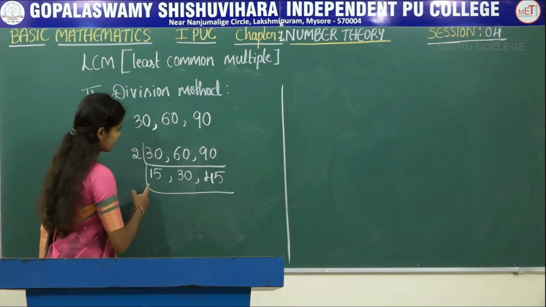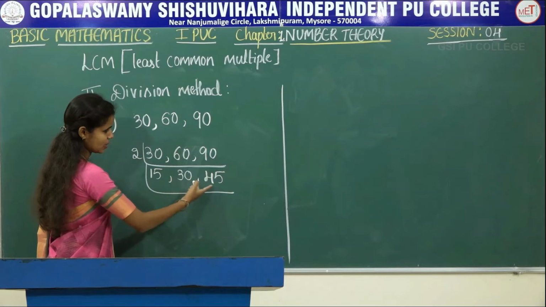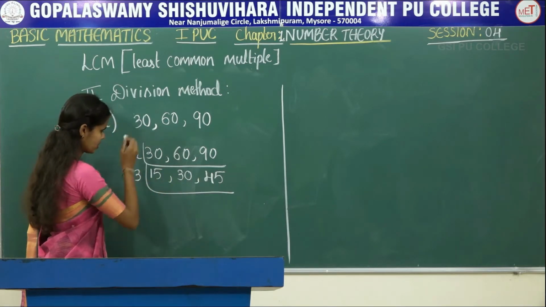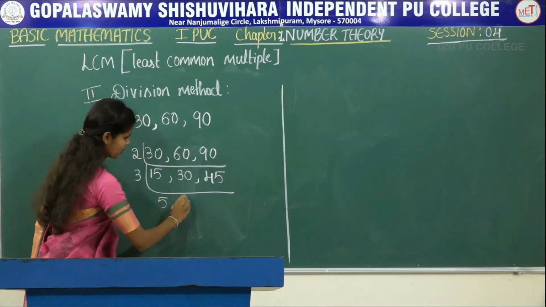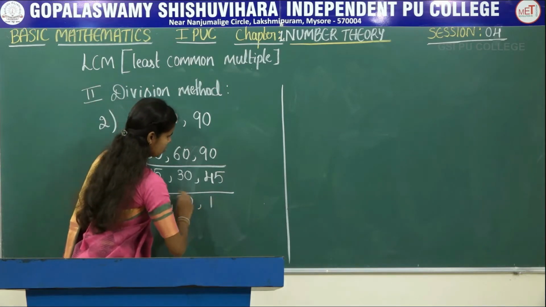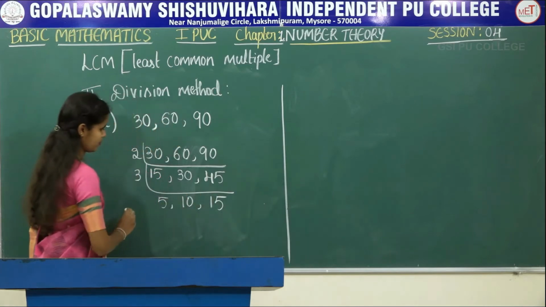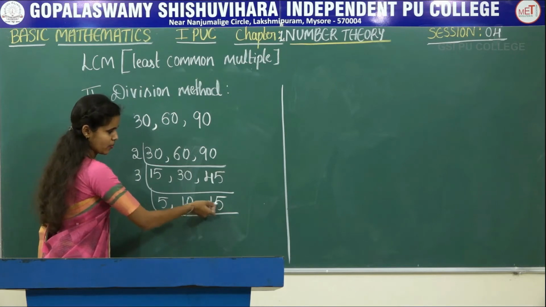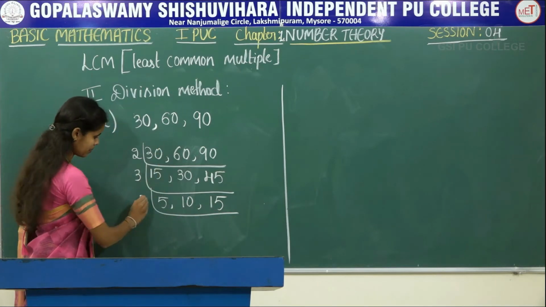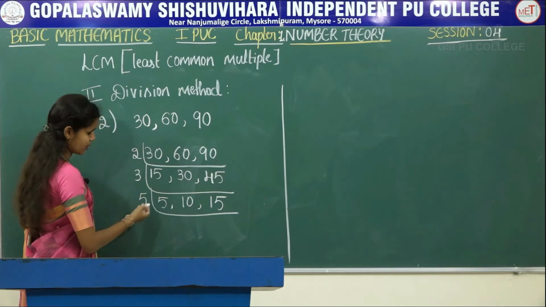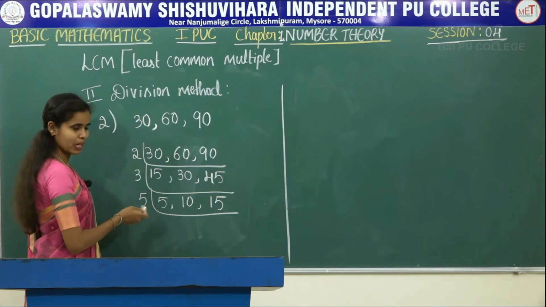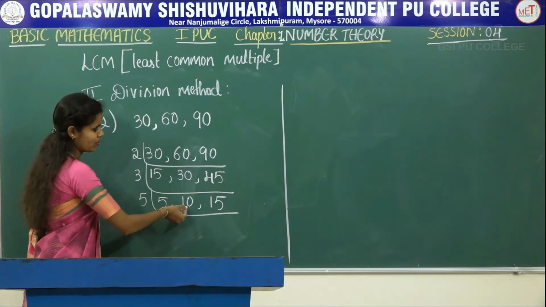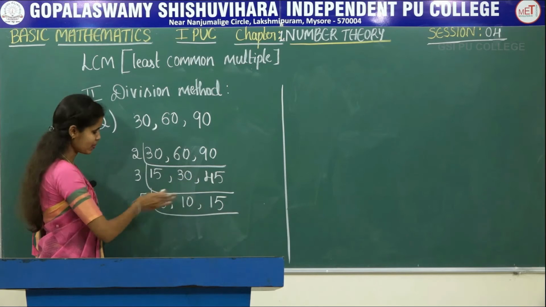Here observe 15, 30, 45. It is divisible by the next prime number 3. 3 fives are 15, 3 tens are 30, 3 fifteens are 45. Again observe here 5, 10, 15. Consider the prime number 5. We could divide by 2, 3 or 5, but 5, 10, 15 are divisible by only 5.